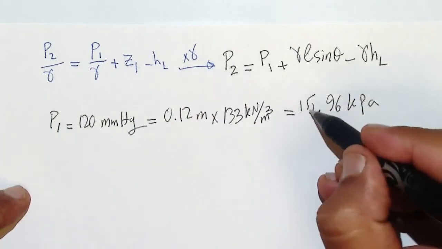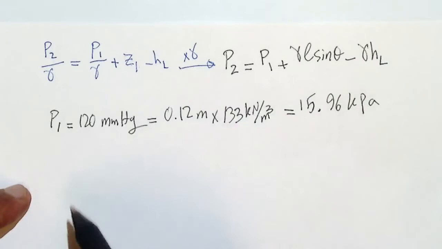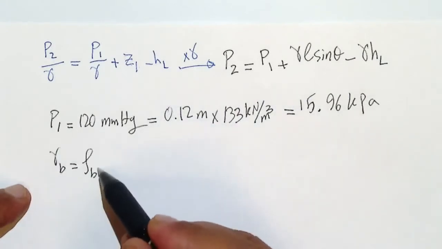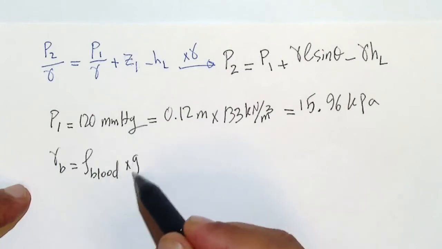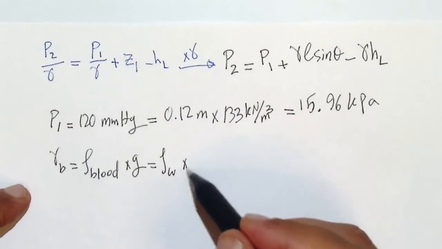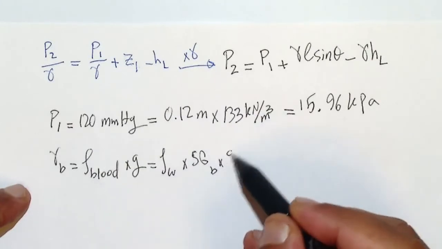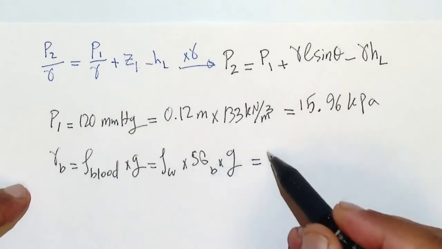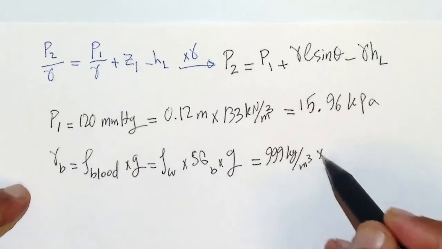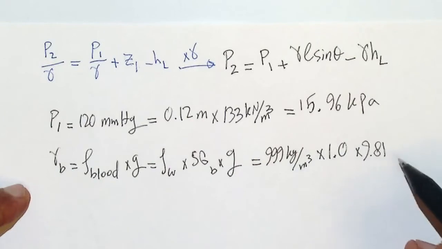Okay, so for now you find out P1, and also the gamma for the blood is equal to rho of the blood times G, right? But rho of the blood by itself is rho of the water times Sg of the blood times G. Rho of the water is 999 kilogram per meter cube, Sg is 1, and G is 9.81, right?